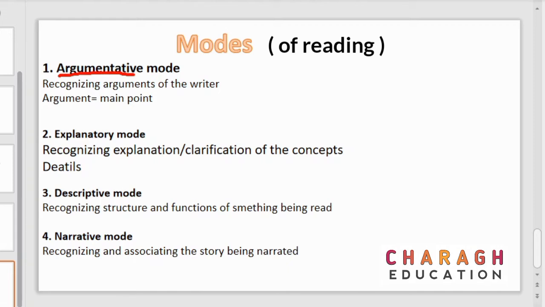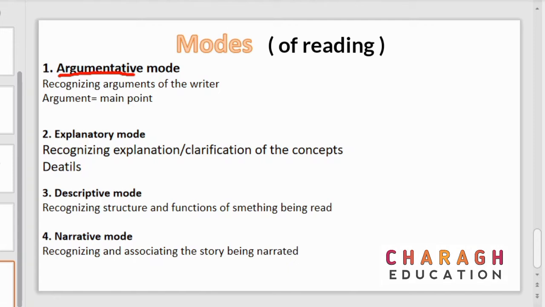So sometimes we read a passage in order to find out an argument in a text. For example, if you want to read a legal document, lawyers particularly read the text with the intention of finding an argument for themselves in order to support their own statement.